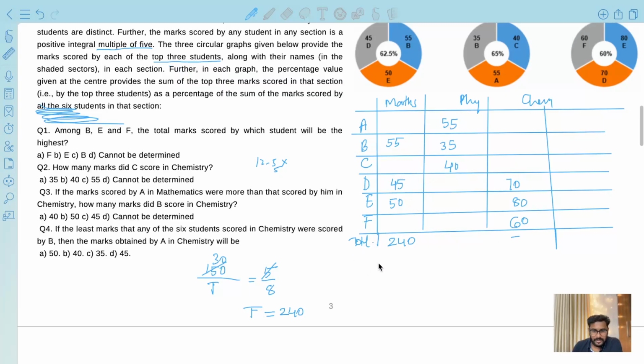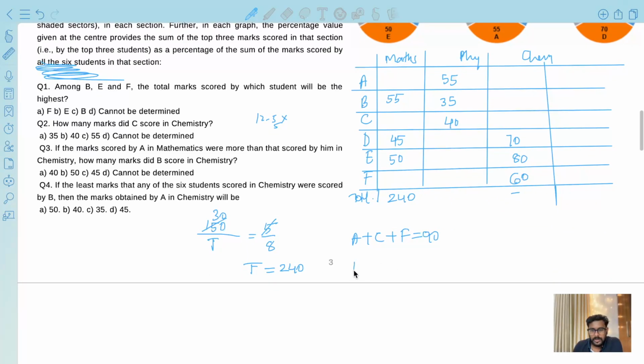That means A plus C plus F is equal to 90. Okay, what are the possibilities? We can use 40, 35, 30, 25, 20, 15, 10, 5.